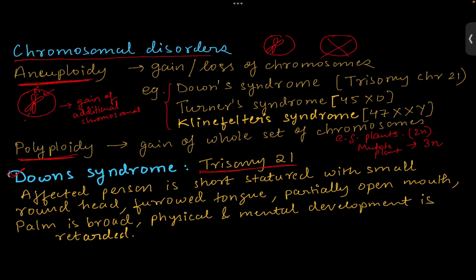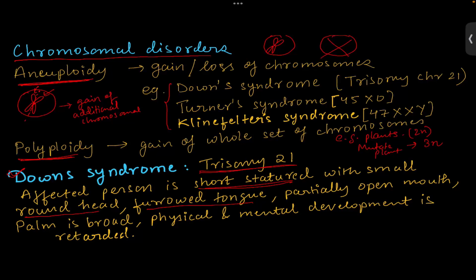These people often have very short height, short statured, with a small, round head, and in the tongue you can find furrows or holes. The tongue is not plain and smooth like ours. Also, these children often have their mouth partially open.